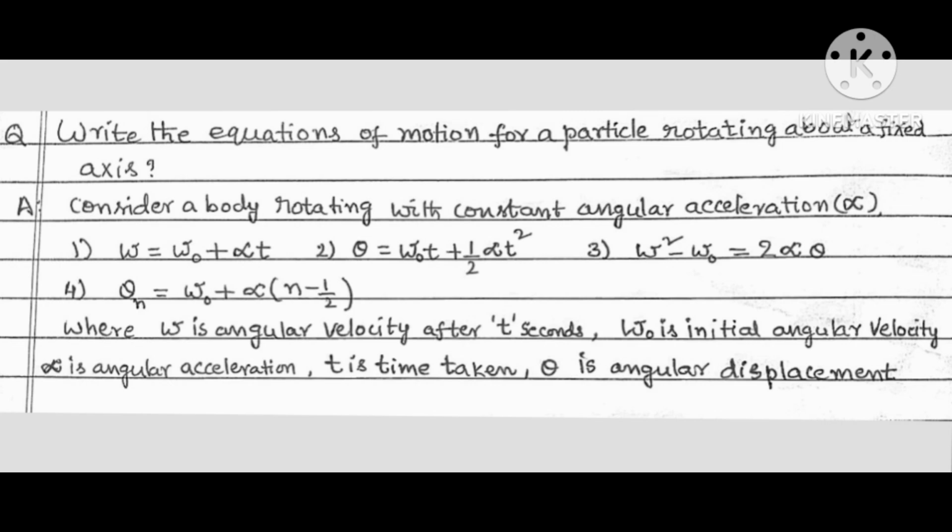Theta n equal to omega naught plus alpha times (n minus half). In the above equations, omega is angular velocity after t seconds, omega naught is initial angular velocity, alpha is angular acceleration, t is time taken, theta is angular displacement.